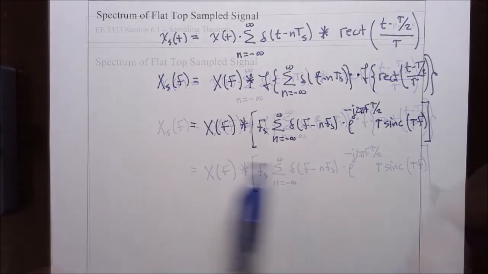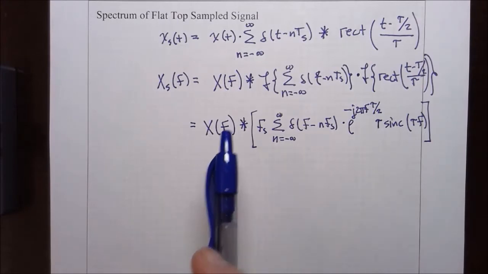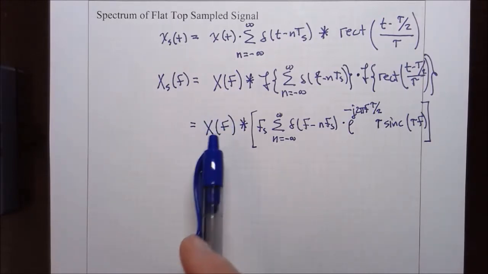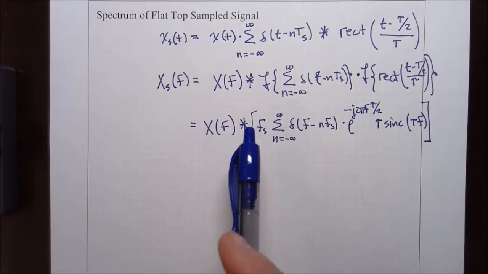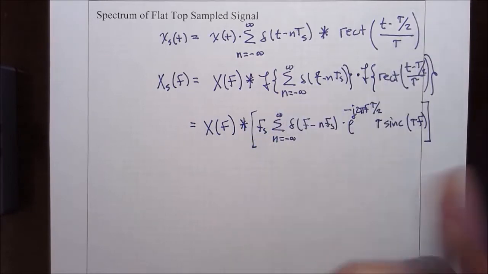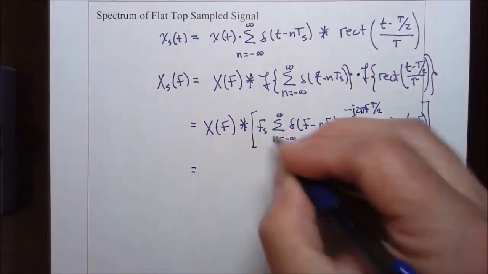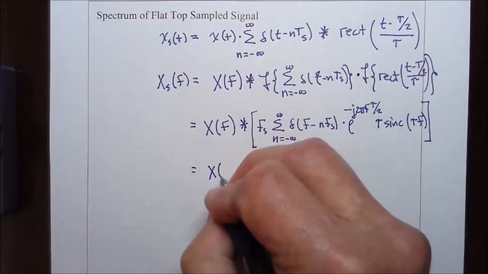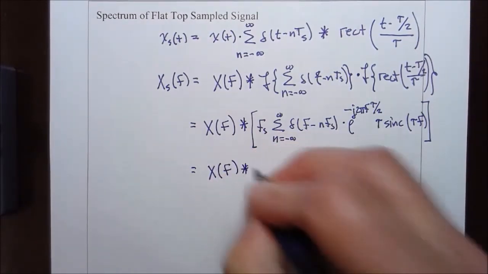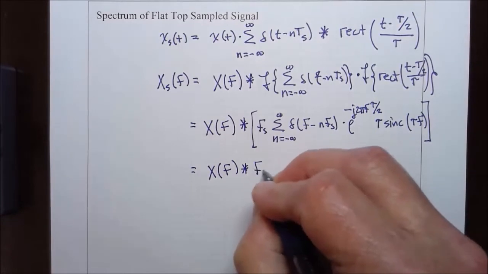We can group the spectrum of the original message signal convolved with this string of delta functions and make this the first term.